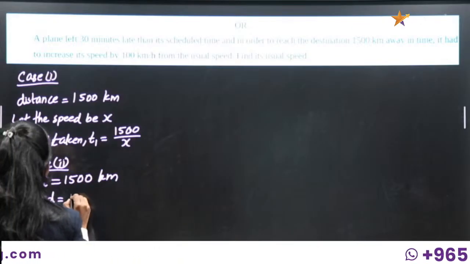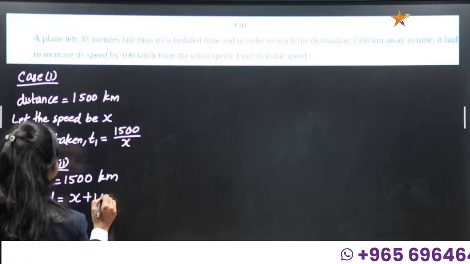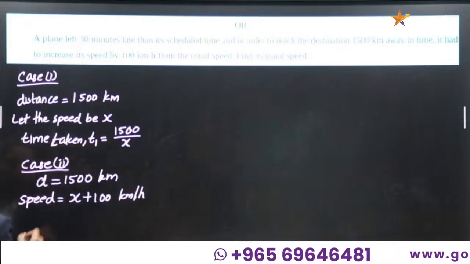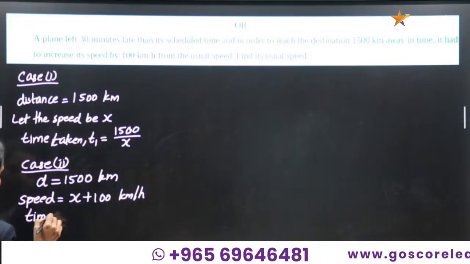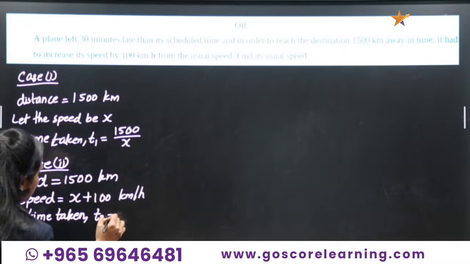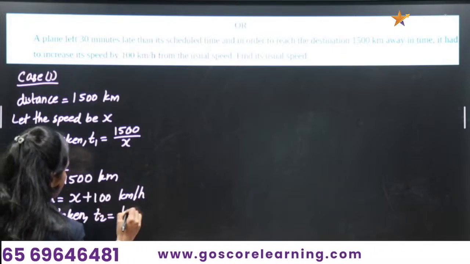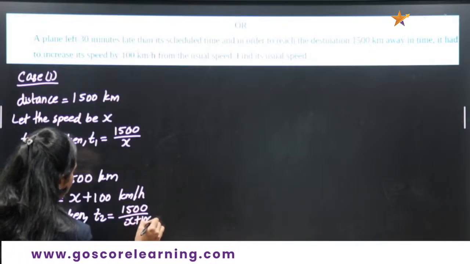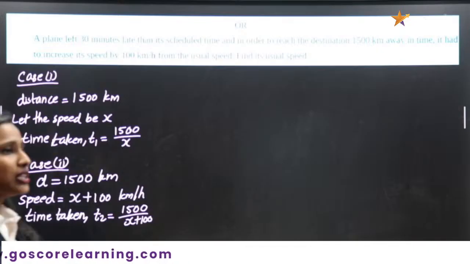So speed is becoming x plus 100 km per hour. Now the time taken, t2, is equal to distance by speed, that is 1500 divided by x plus 100. So we got two cases.